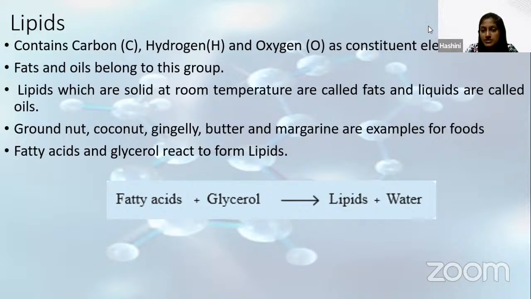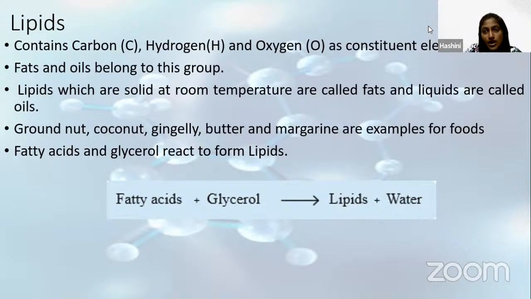So lipids are of two types, fat and oil. Fat is solid at room temperature; oil is liquid at room temperature. Examples of foods: coconut oil, ginger oil, groundnuts, butter, margarine.